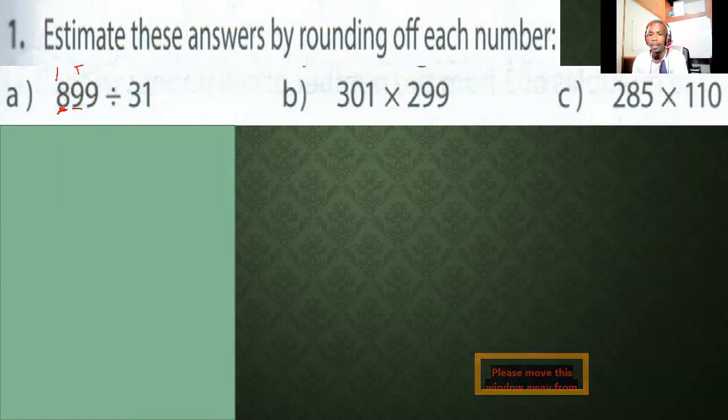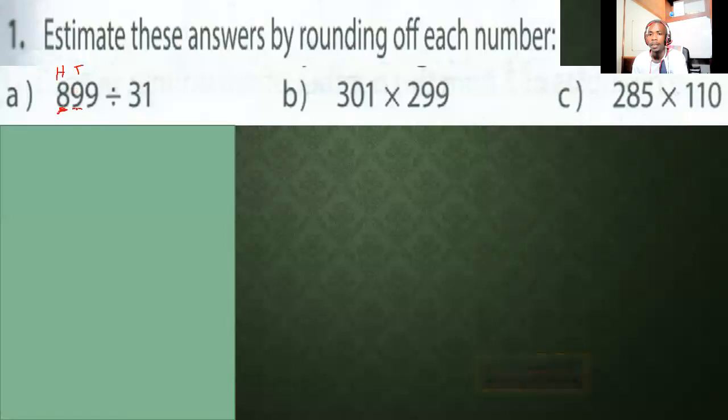The tens, 9 is bigger than 5. So I add 1 to 8 here. So 8 plus 1, it becomes 9. So I write this one is 900. Then these two digits become zeros.